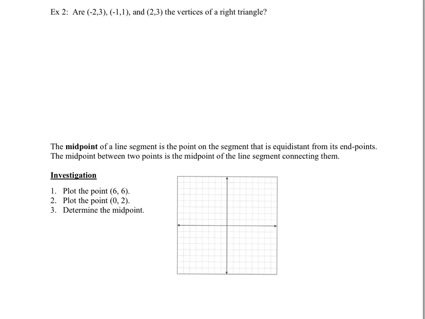If the two smaller sides squared and the sum of them equal the longest side squared, then it works in the Pythagorean theorem, and then it's a right triangle. So right now we don't know enough information, but we can figure it out. We have to find the distance between all of these points. So we're going to use that distance formula in all 3 of these. We have 3 distances to do.